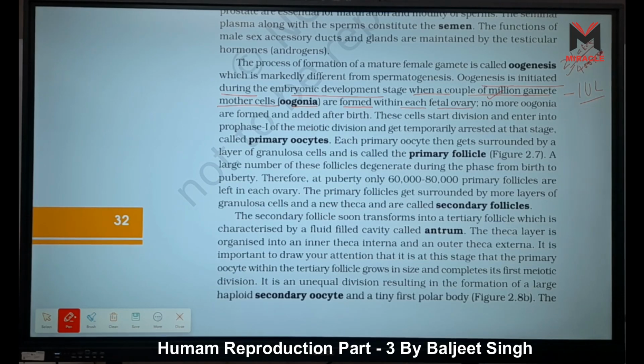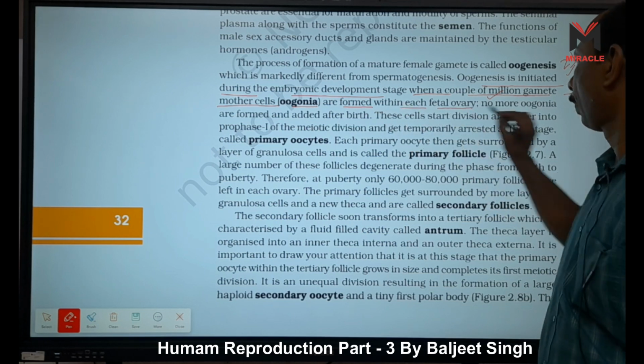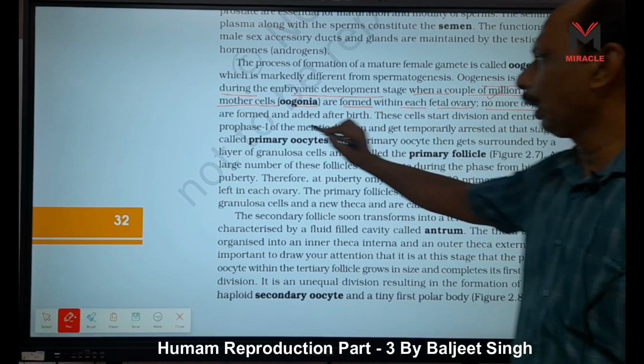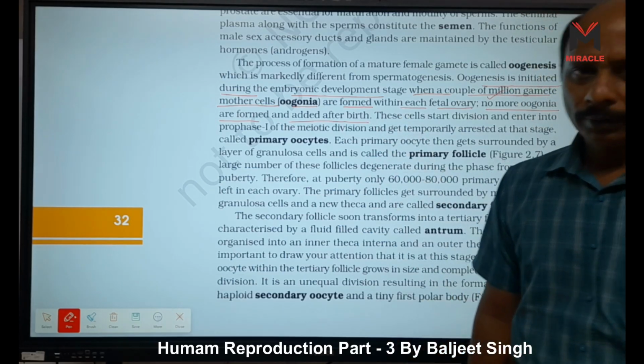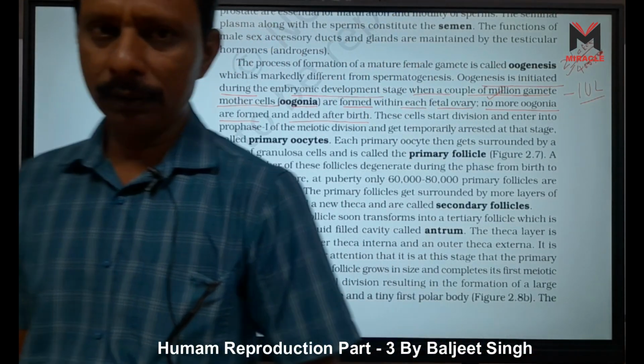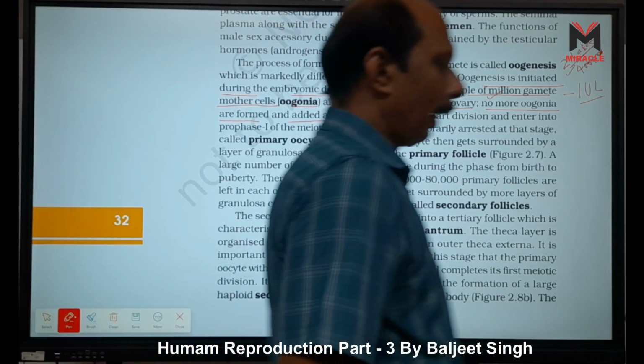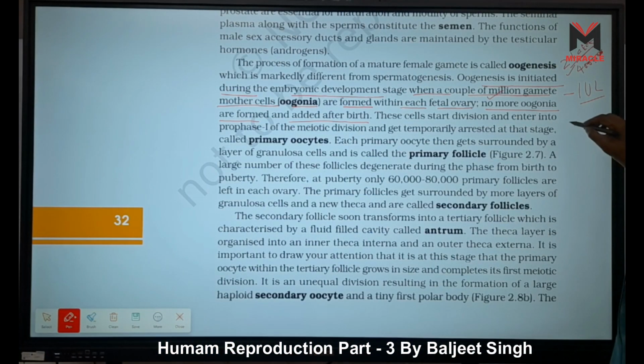Right, 4 lakhs. No more oogonia are formed and added after birth. Right? So they are formed before birth. When? At 25th week, they are formed.